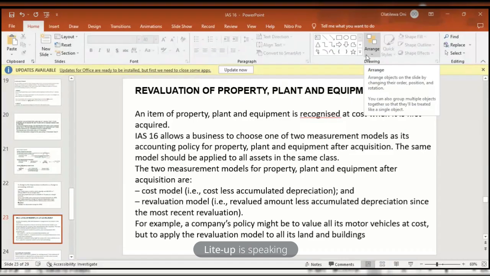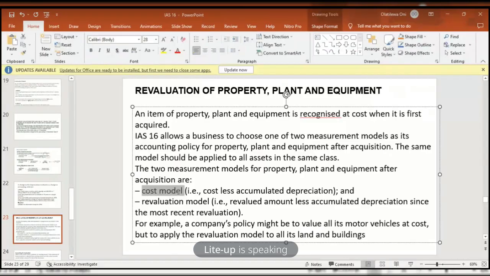But you can decide to use the revaluation model for one class of asset and the cost model for another class of asset. So there are two measurement models for property, plant, and equipment after acquisition. We have the cost model, which we have seen before, which is cost less accumulated depreciation, and the revaluation model, which is the revalued amount less accumulated depreciation since the most recent revaluation.